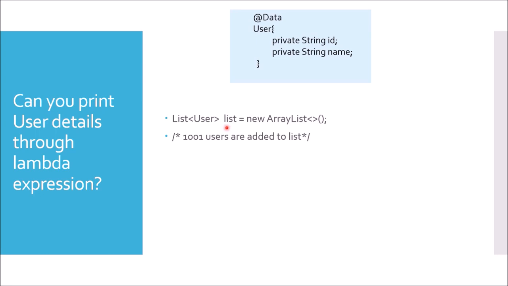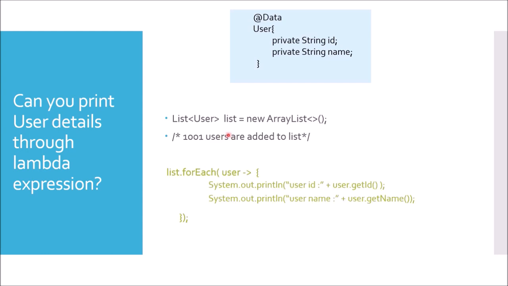Now, in order to print this number of users, I can go with iterators again, or with forEach or an advanced for loop implementation. But here a more precise way would be to use a lambda expression and the forEach method. So let's see how we can do that. With the list, the forEach that we looked at earlier was introduced.